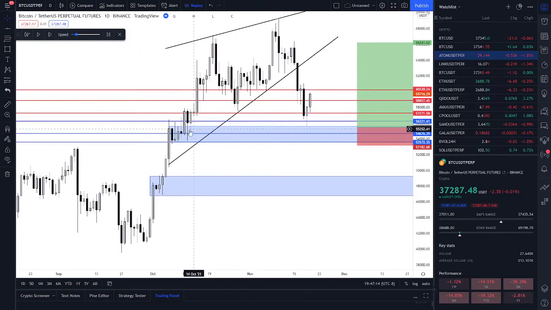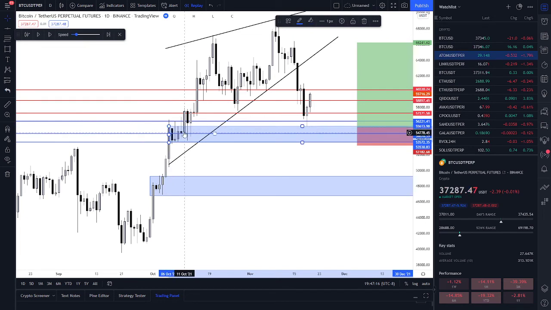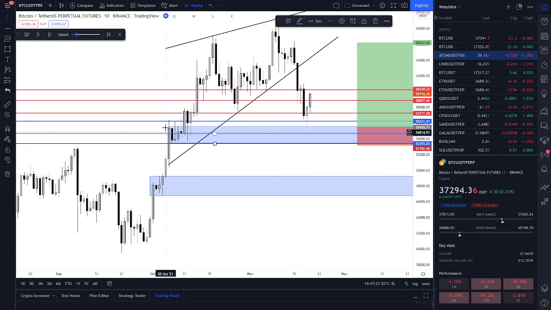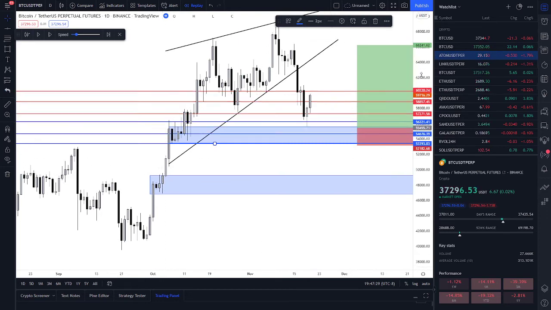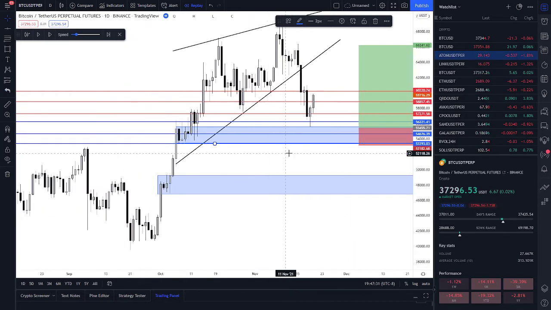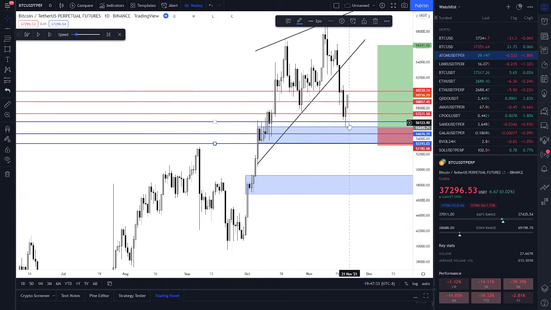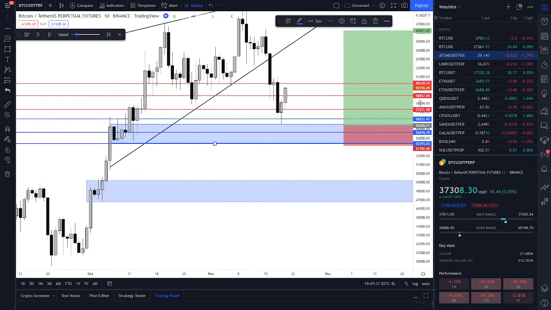Let me draw this correctly. So I'm bringing this up to here because that's where we rejected. I'm taking this down to this line right there. Okay. So we touched the top of this zone. Not everyone would have been filled.